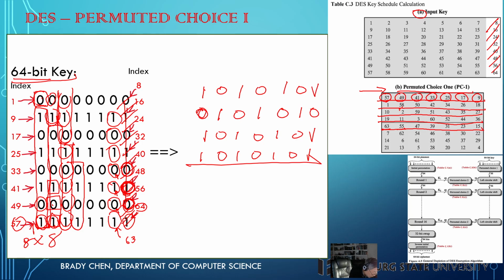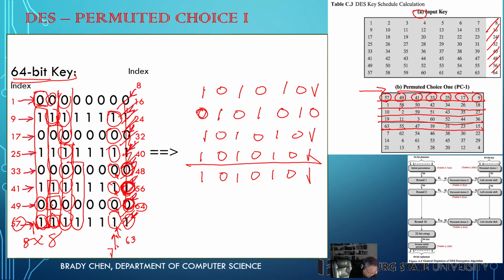So start from the last row, actually from row 7, because the last row has been eliminated, from row 7 from bottom up. So it's 1 0 1 0 1 0 1.